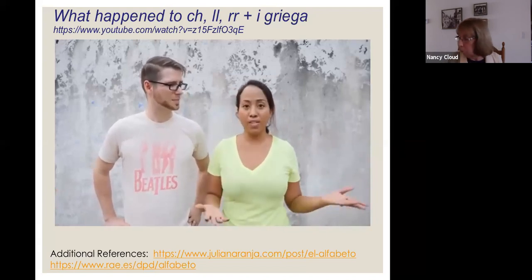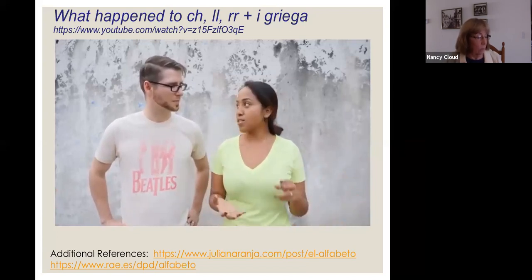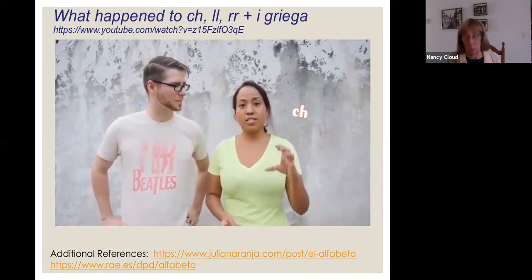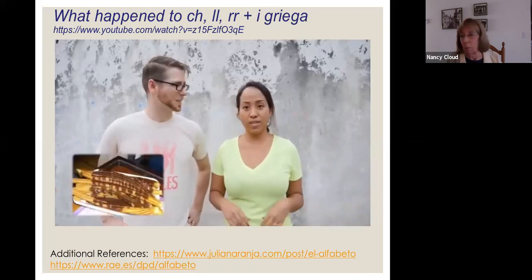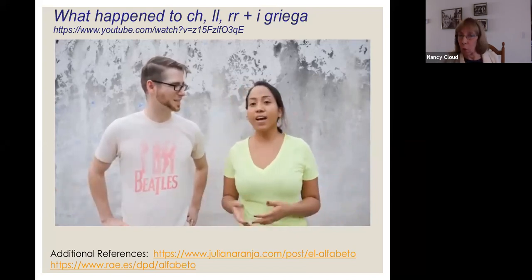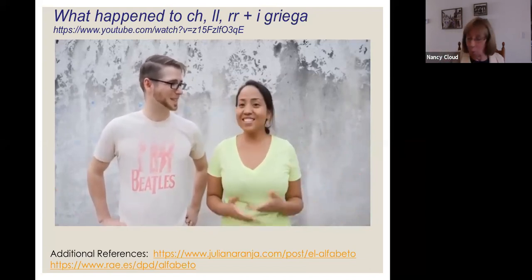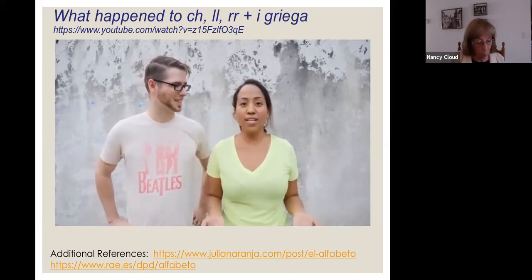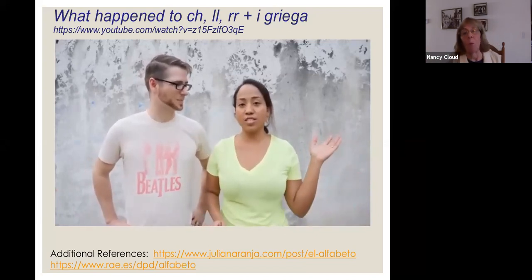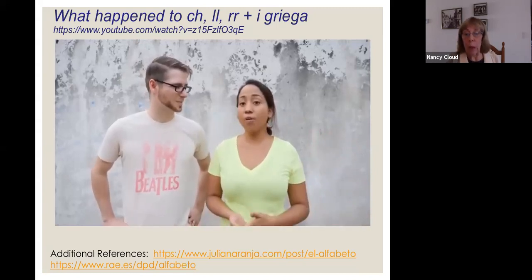Well, in Spanish, before we used to have letters like che, which is the C and H, like churro. Like churro, for example, and che was considered a letter. But then they were like, wait a minute, this is not a letter, it's two letters, which make just one sound. So they just decided that they were no longer going to be in the alphabet.